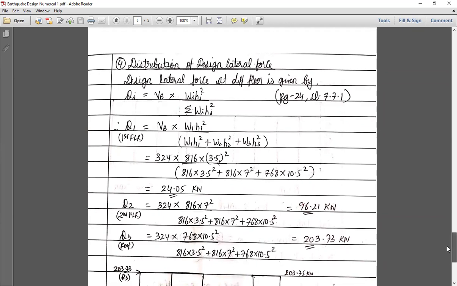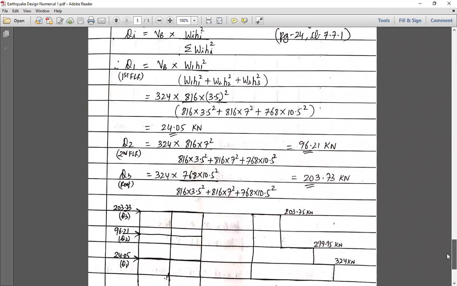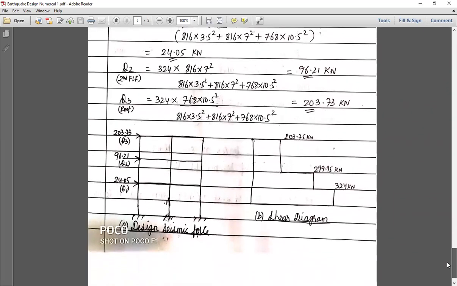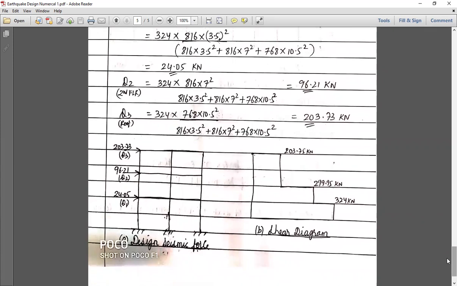So now let us show these forces in the figure. So this is the final step, to show the lateral forces on the figure. So this is the plan. Here you can see on the first floor, the lateral force is 24. The second floor, it is 96. On the third floor, it is 203. And this is nothing but the shear diagram. This is the base shear.